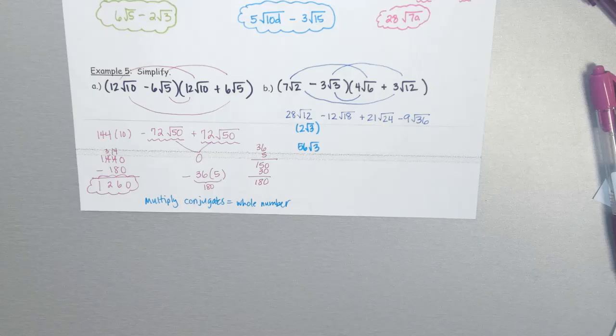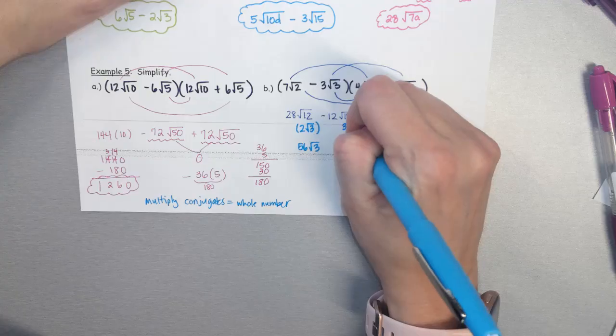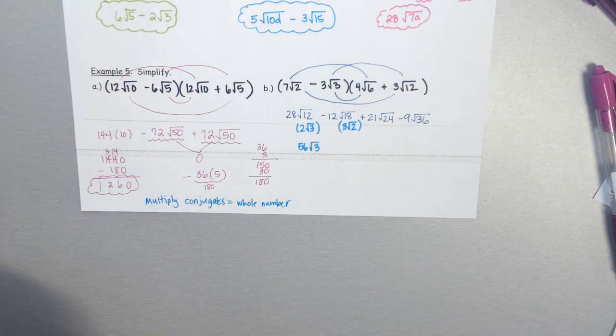Okay, for 18, the perfect square is 9. So the square root of 9 is 3. So you're going to have 3 root 2.